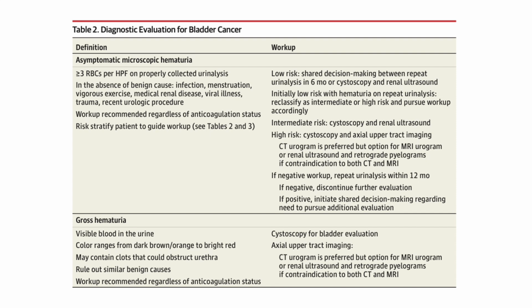If they're low risk, you can probably just repeat a urinalysis in 6 months. But based on the decision making with the patient, they may opt for a more aggressive investigation. If they're intermediate or high risk, then they do require cystoscopy and some kind of imaging. All patients with gross hematuria should have cystoscopy and imaging, though.